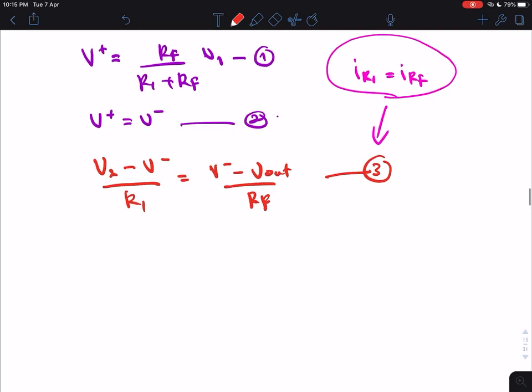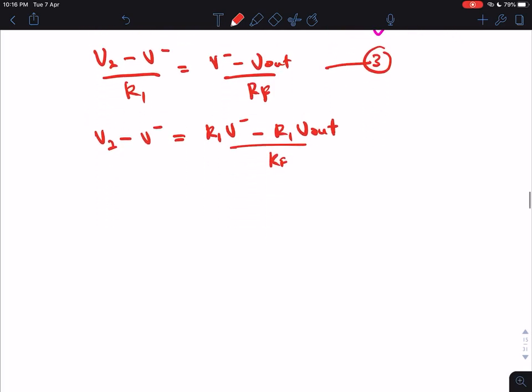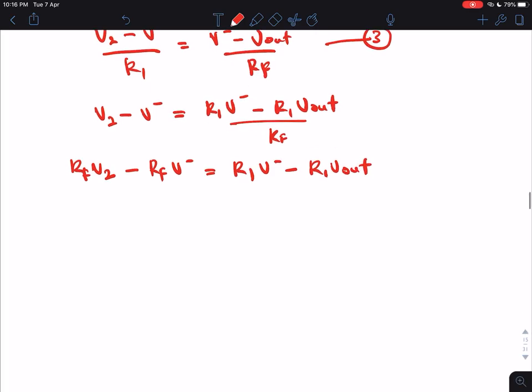So now we have RF times (V2 minus V minus) equals R1 times (V minus minus Vout). Putting them together, we have RF V2 minus RF V minus equals R1 V minus minus R1 Vout.